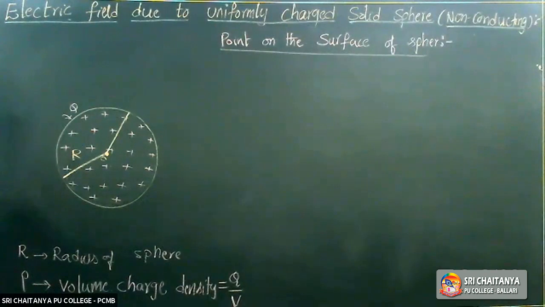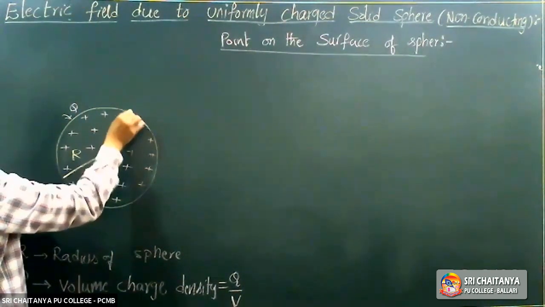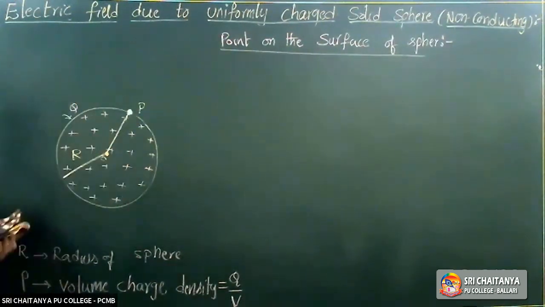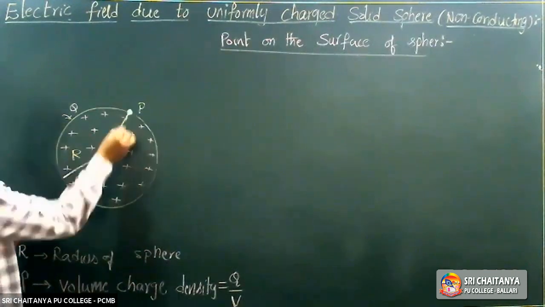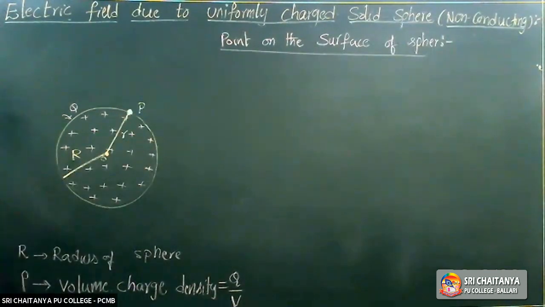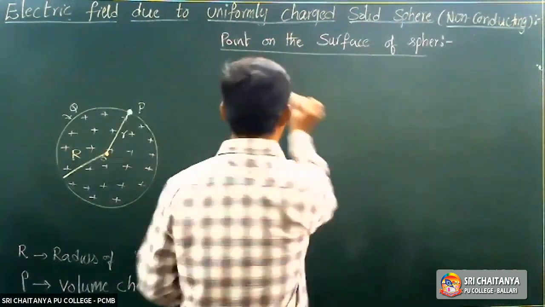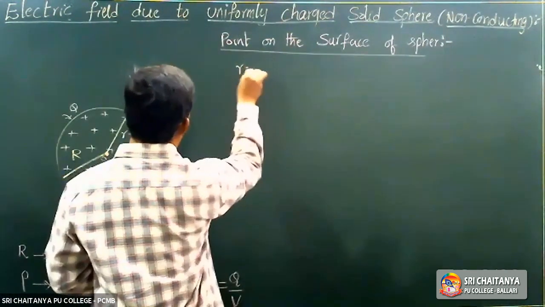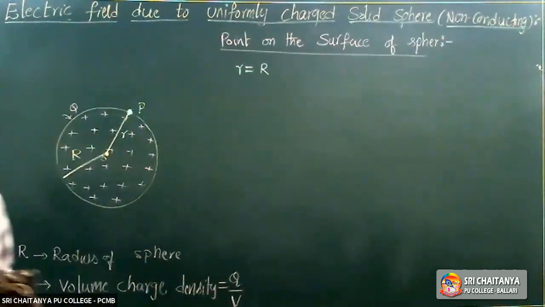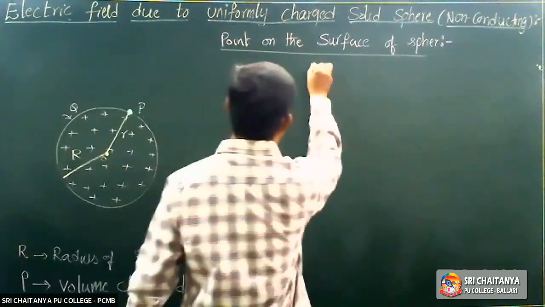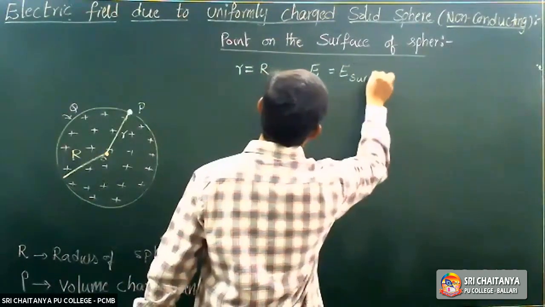Where is the point now? The point is here, on the surface. From the center to the point, the distance is r. So for a point on the surface of the sphere, what is the condition? Small r is equal to capital R. Then E is equal to E on the surface.